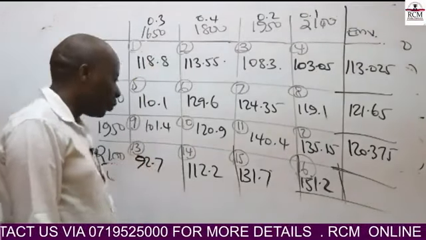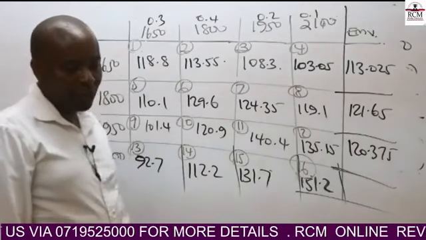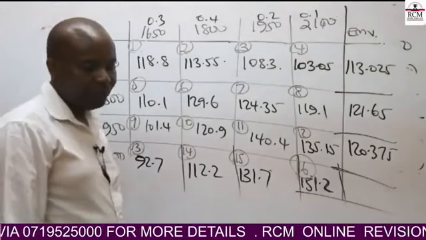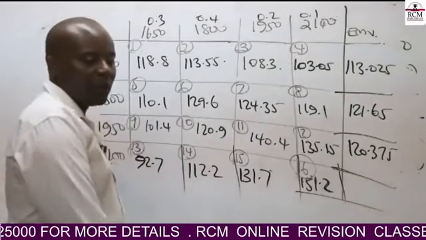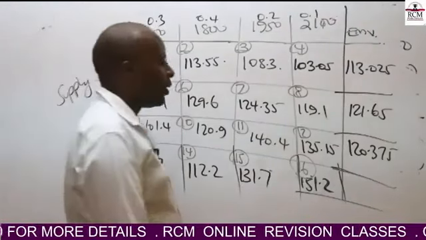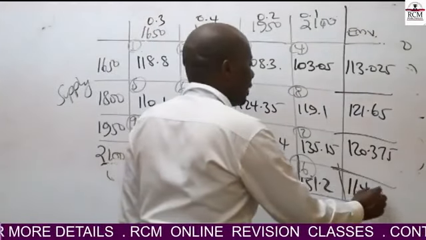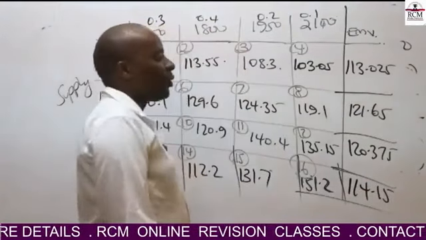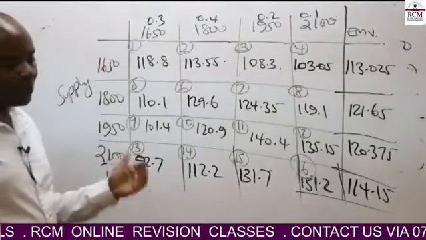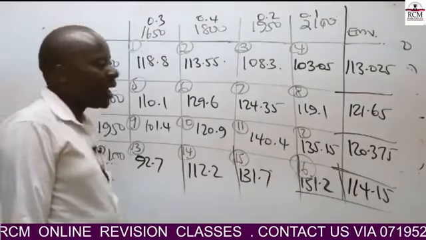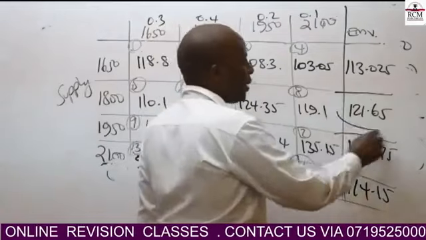And then we have the last one. What do we have? 114.15. So in that regard, ladies and gentlemen, we have said severally and categorically that we will always work with the highest expected monetary value. So the highest expected monetary value is this one here.